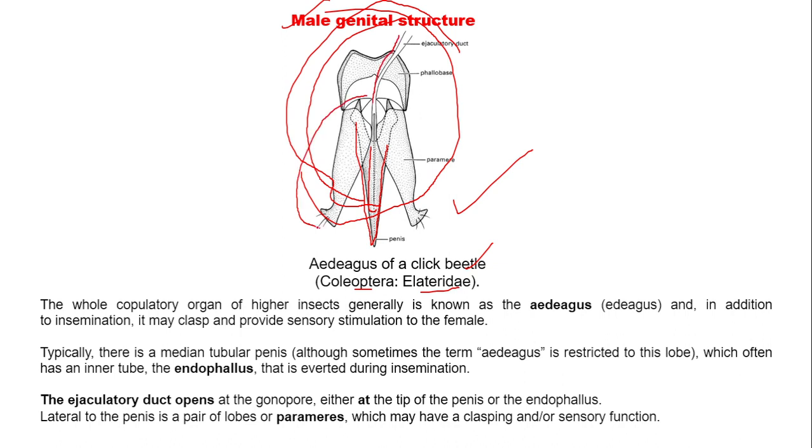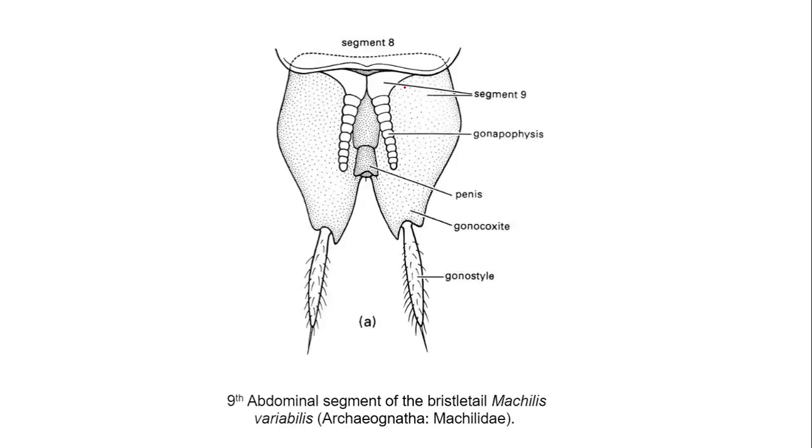The lateral lobe-like structures to the penis are known as the parameres, and these parameres help in clasping and providing sensory stimulation to the female insects. See here the 9th abdominal segment of the bristletail and their reproductive organs.